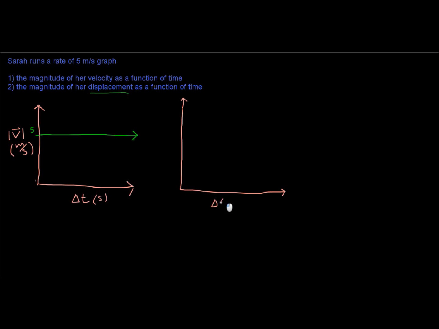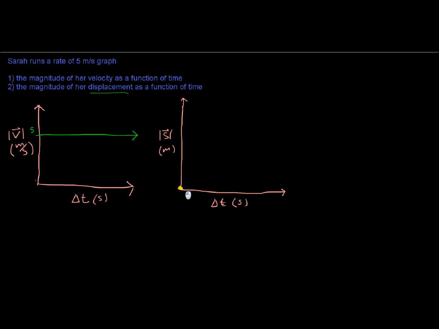So we're still measuring that in seconds, and we'll be measuring the magnitude of her displacement in meters. So when Sarah first starts off running, we're going to assume that she's starting at a displacement of 0, because she hasn't changed her position at all.